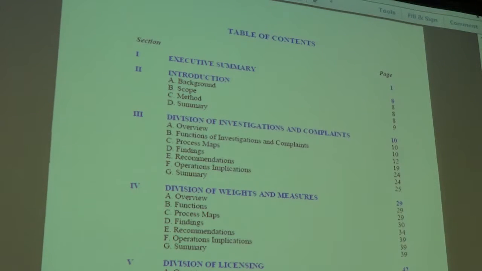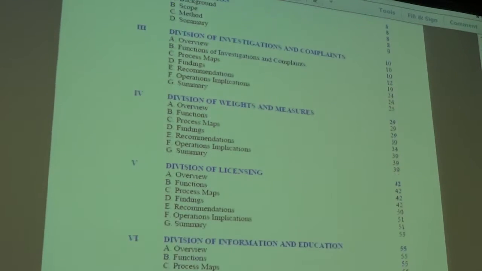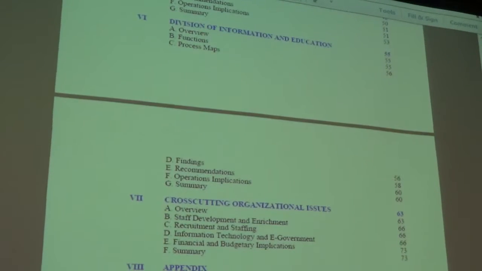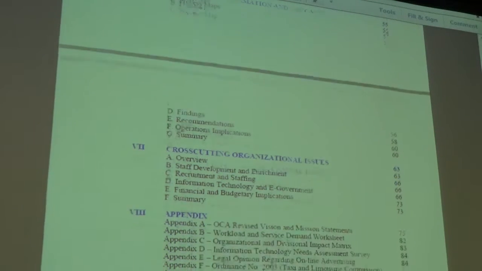There's the executive summary, the introduction, then the division of investigations and complaints, division of weights and measures, division of licensing, division of information and education. Each one has overview, functions, process maps, findings, recommendations, operation implications, and summary.